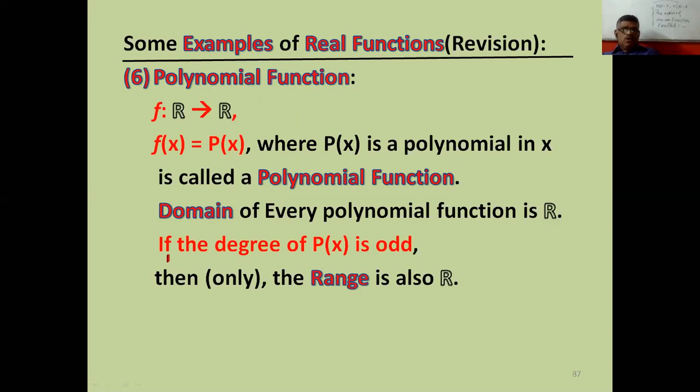If the degree of the polynomial is odd, then the range is also R. You can think of why and how. Whereas if the degree is even, it cannot be R. It will be a proper subset of R.